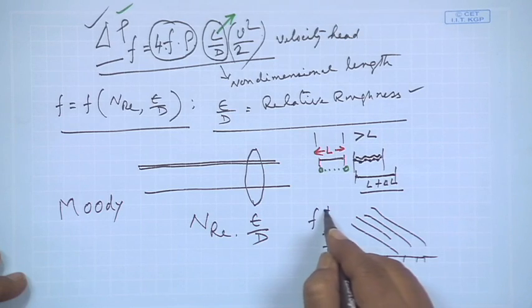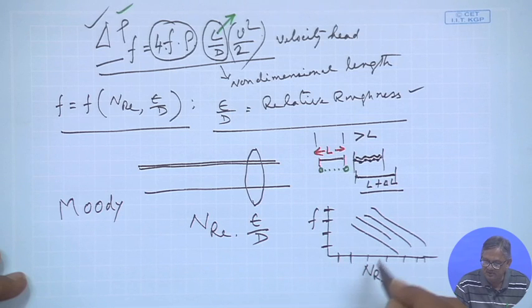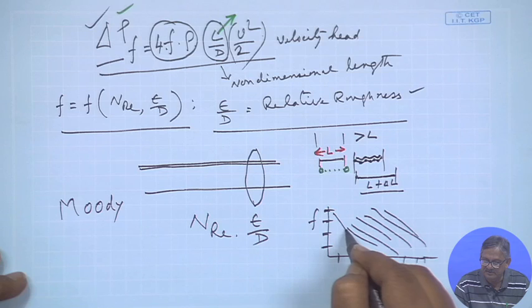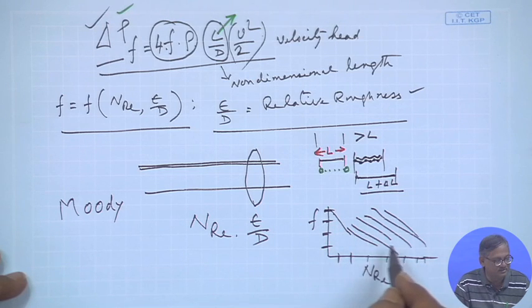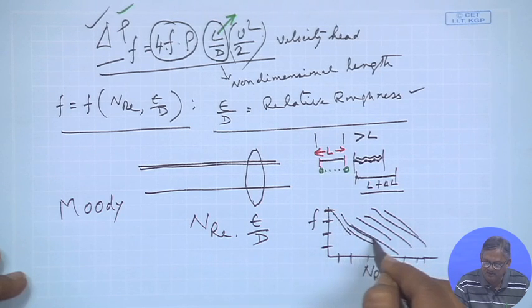So, both are in the log scale, and the curves are like that, as we saw for the laminar region one, and for the turbulent region they are different, right. The nature of the curve is a little like this.